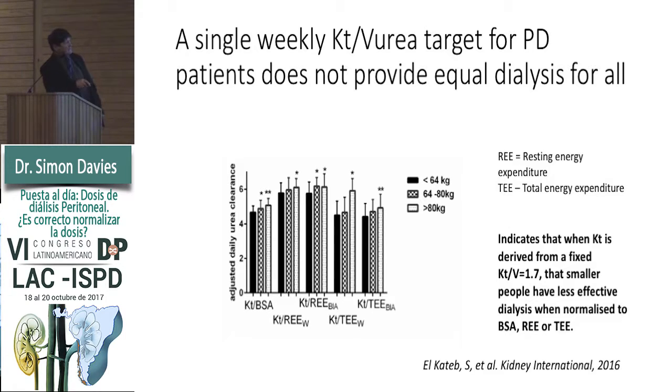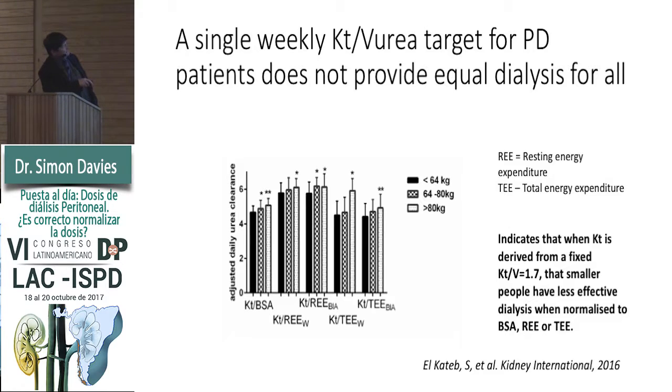Then instead of dividing the Kt by V, they divided the Kt by different things like body surface area, resting energy expenditure, or total energy expenditure. And that's what they've done here.